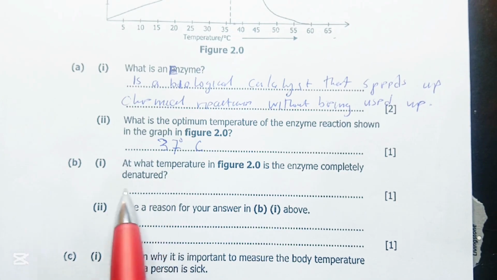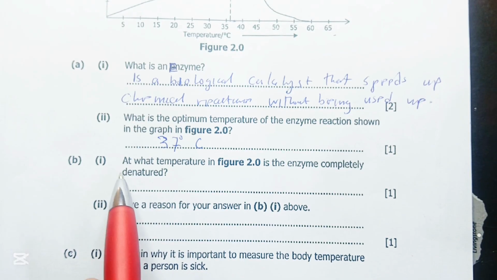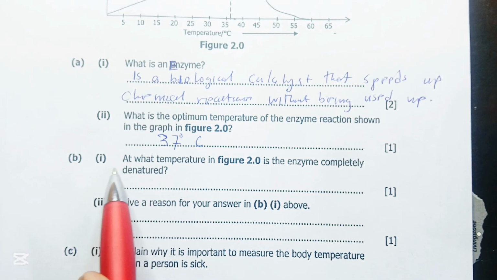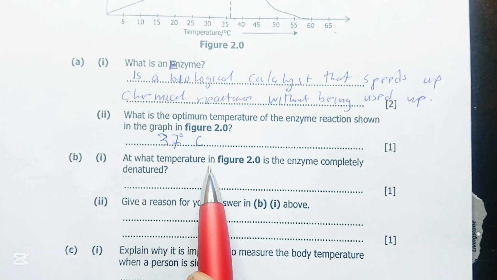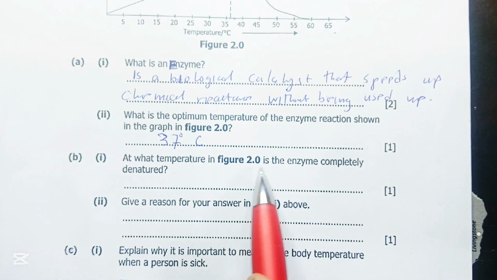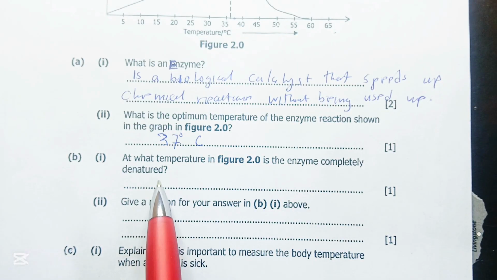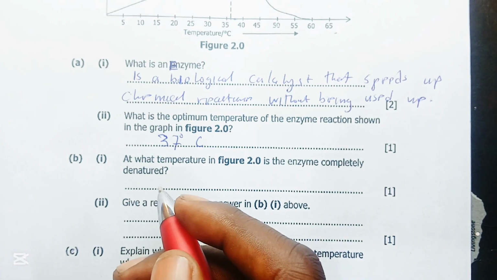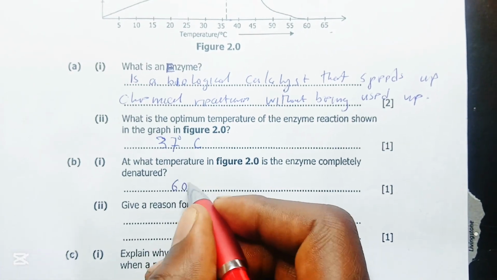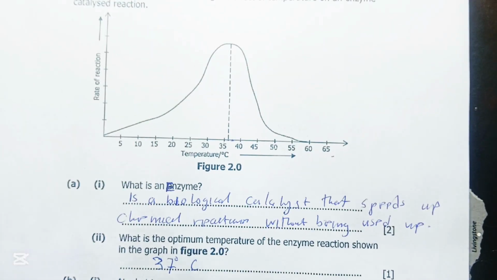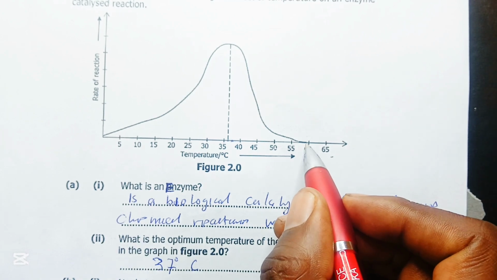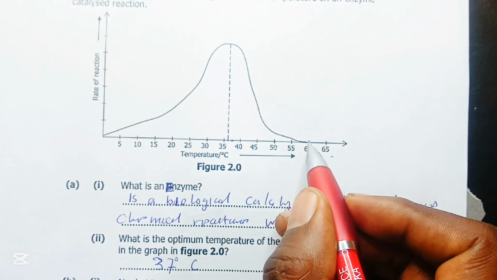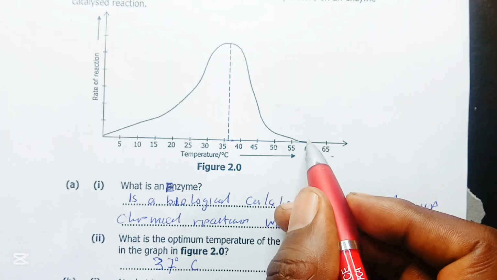The next question was: at what temperature in Figure 2 is the enzyme completely denatured? So we are going to say at 60 degrees. It came down here, going down until it reached 0.